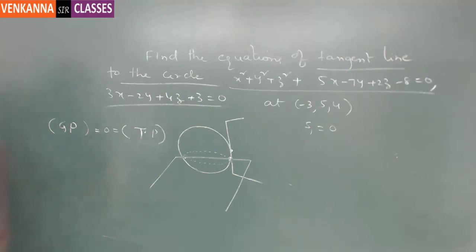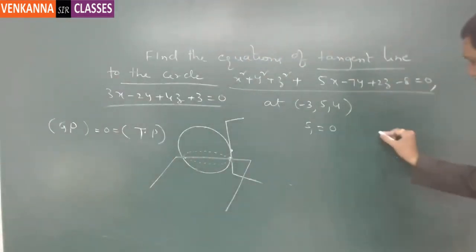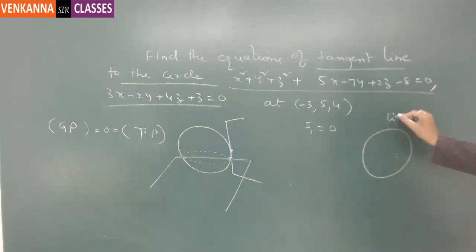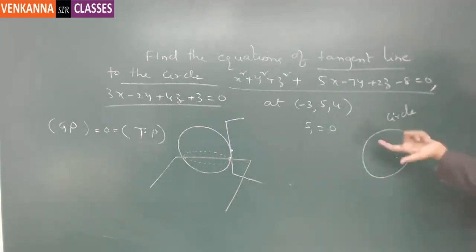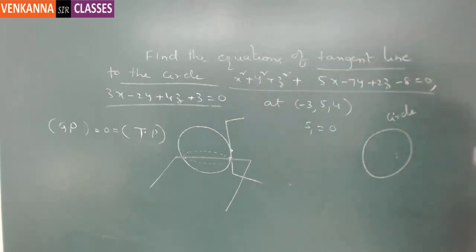So what happens? Apart from this visualization, you can say this is a circle, formed by the intersection of a sphere and a plane. On this circle, I got a point here. At this point, a plane is already attached.